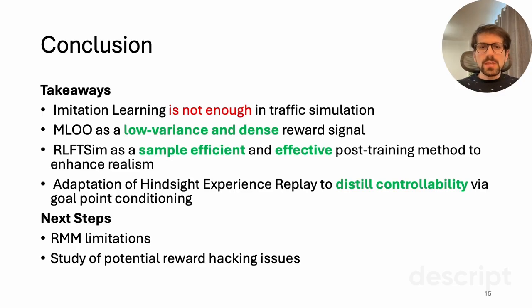By adding goal conditioning with hindsight experience replay, the same framework distills controllability, letting us steer agents to specific goals without hurting realism. Going forward, we are looking at limitations with RMM realism measurements, such as its saturation, and studying potential reward hacking issues by using RMM as an optimization objective.